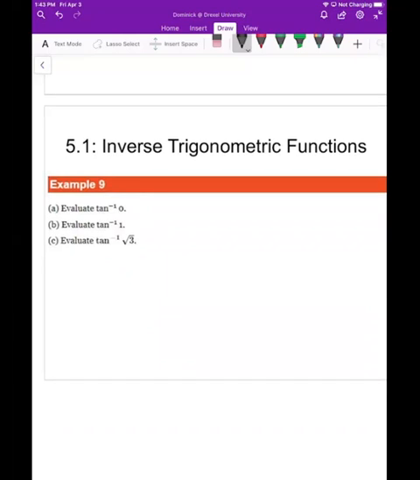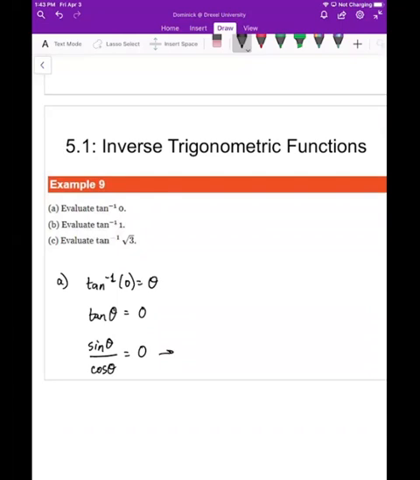Okay, but let's take a look. In part A, we want the inverse tangent of 0. This is going to give you some angle, in particular the angle whose tangent would give me a 0. You can remember that tangent is sine over cosine.